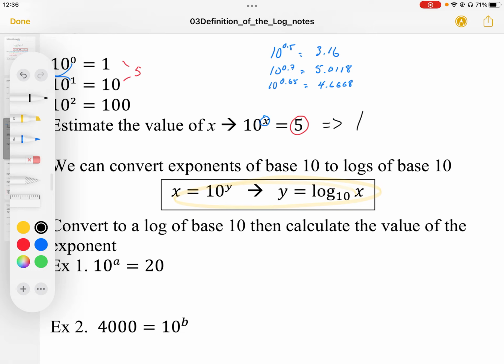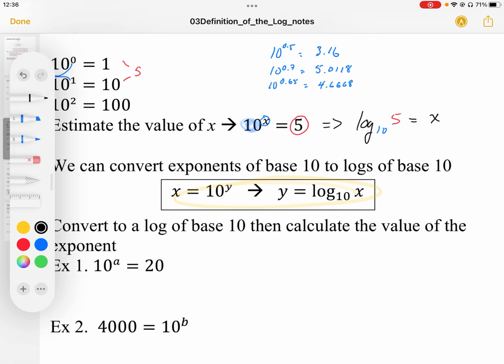So I'm going to end up with log. Okay, my base is 10. So I'm going to write 10 in my base. I know that 5 is my argument. So I'm going to write 5 as my argument. And then that's going to be equal to x.